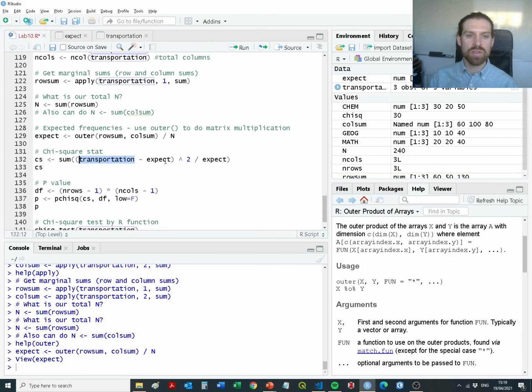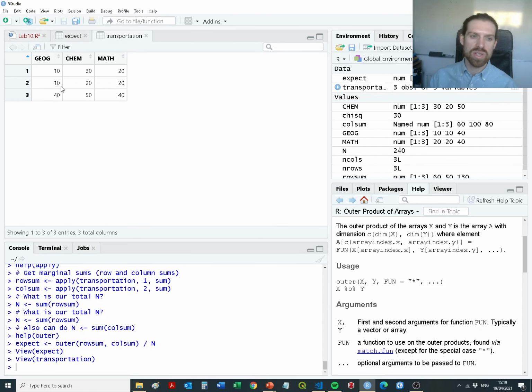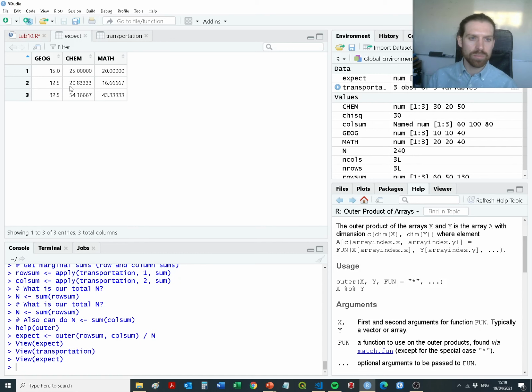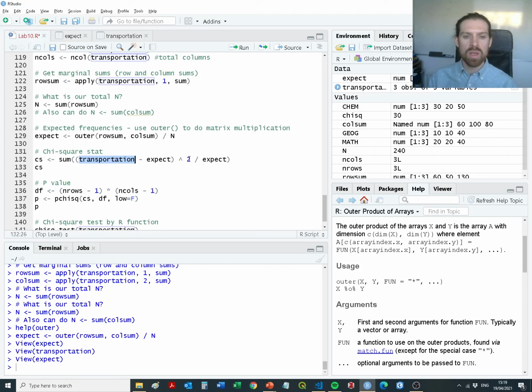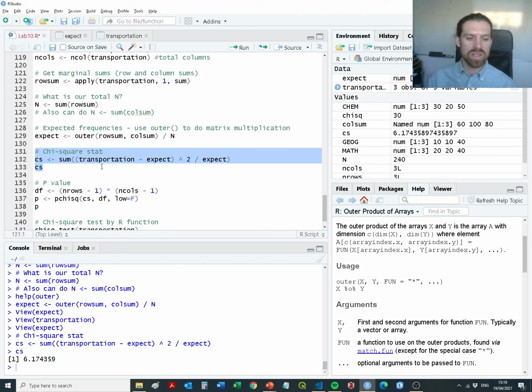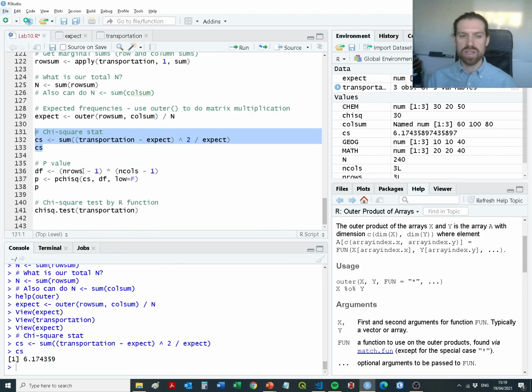So we have the transportation, so these are our observed results, we have the expected data, so this is what we would expect to just randomly occur, and then we can subtract the expected from each transportation data point, square it, divide it by the expected value again, and then sum that, and what we end up with is the chi-squared statistic that we're interested in for this particular example.